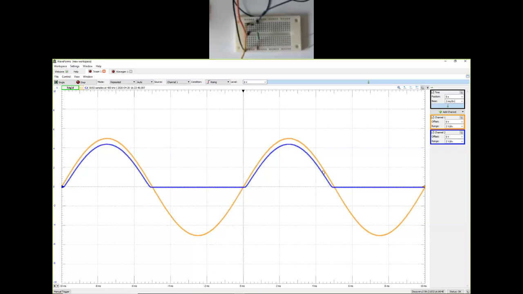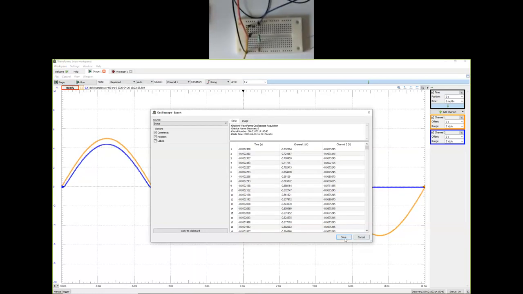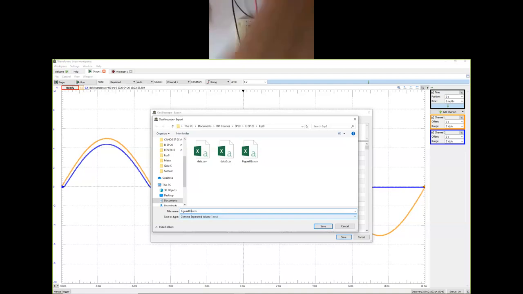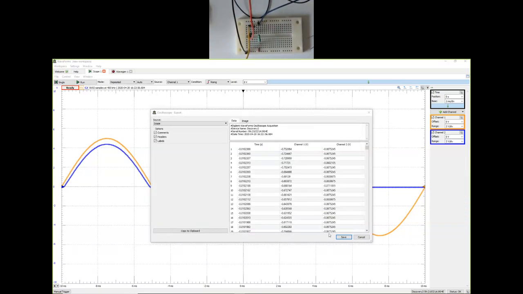Okay. So that's our Analog Discovery plot. And I'm also going to quickly do an export for MATLAB so that you guys can use that if you wish. So that is going to be, I believe, figure B-7, and I can say 7A. Earlier one was figure B1. I think this, okay, save it, sure.